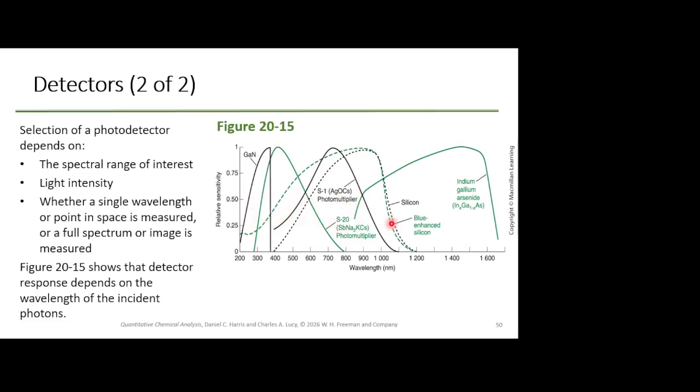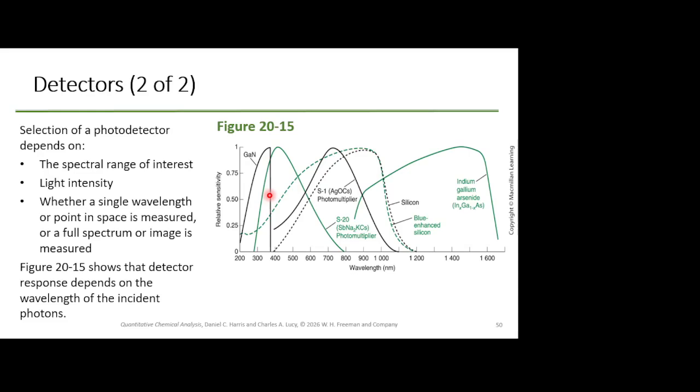So a single wavelength or point in space is going to be measured, or a full spectrum or image is measured. Some of these you can use to measure essentially a very narrow range of wavelength, so it's essentially a single wavelength. Other ones you can make a little bit more like a camera.